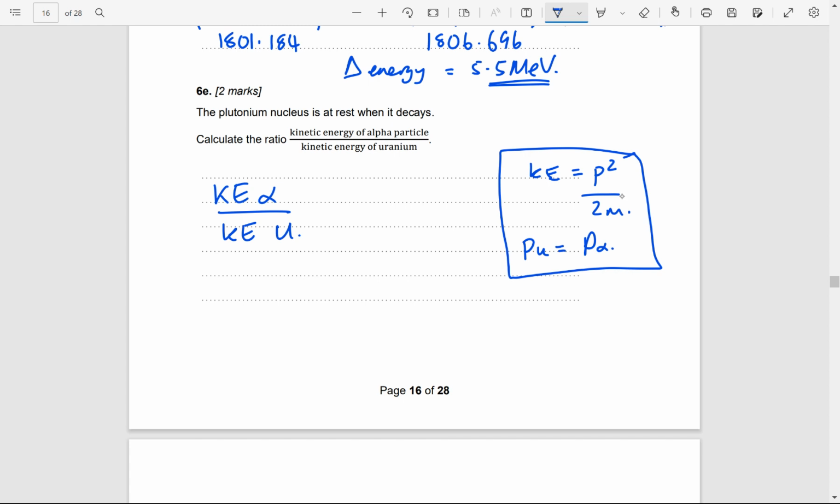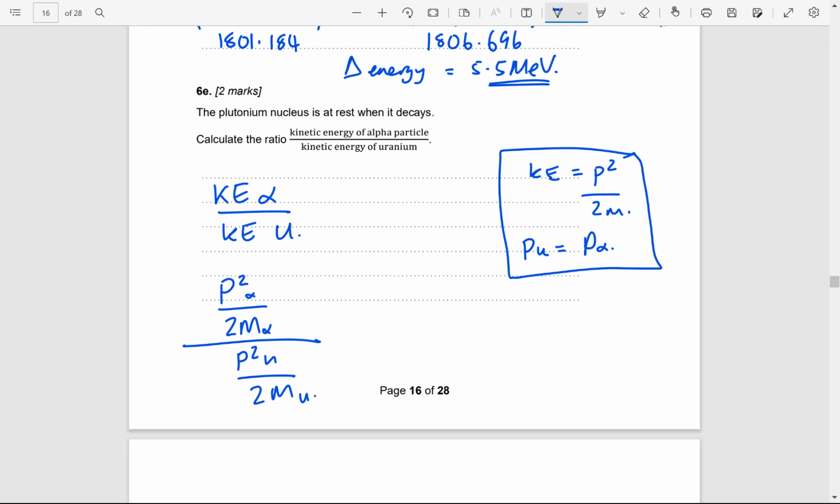So I'm going to plug in p squared over 2m for alpha, and then divide that by p squared over 2m of uranium. So we've got p squared alpha divided by 2m alpha, divided by kinetic energy of uranium, p squared uranium divided by 2 mass uranium.